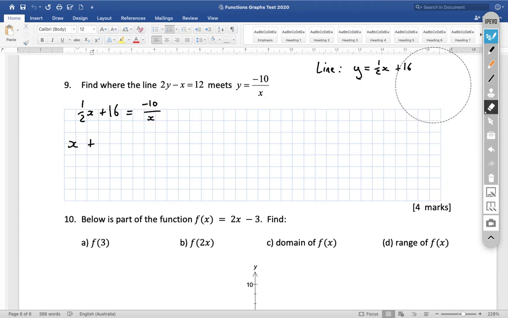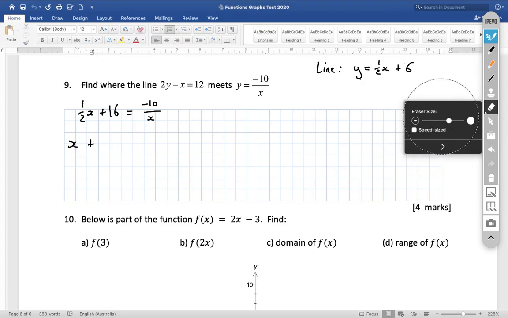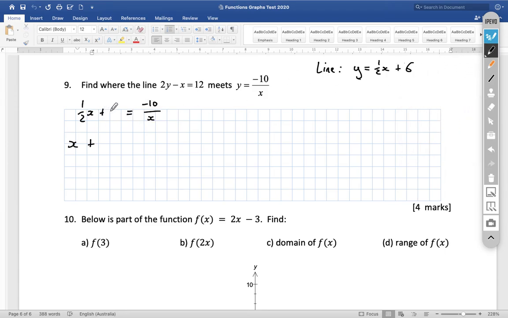I've done another silly mistake. When I went to half 12, I said it was 16 instead of 6. Apologies. That's really where in a test, you know, this is where you can lose your marks. Silly mistakes.